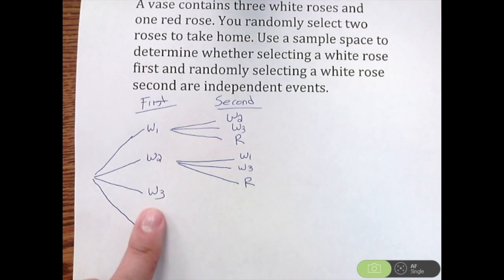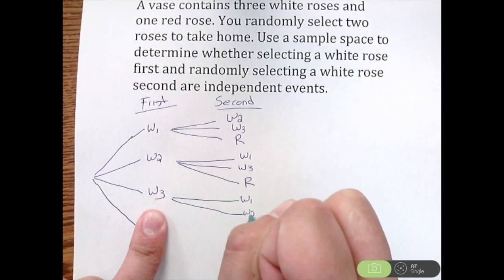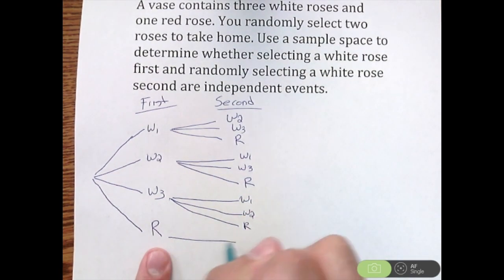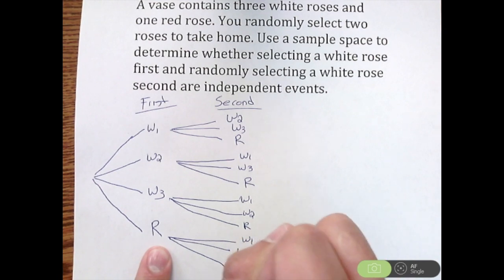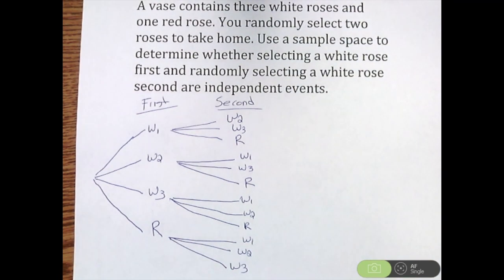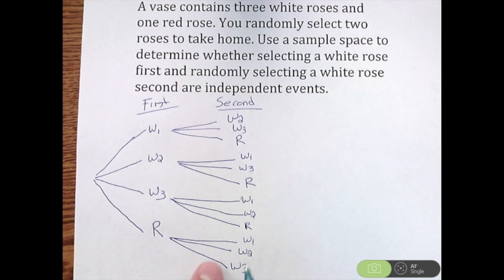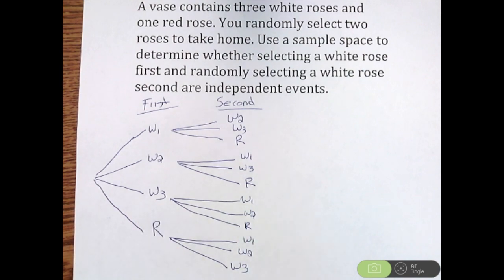Then we have W3, so I can do white 1, white 2, and R. If I had the red rose first, my options are W1, W2, W3. If I picked white rose 3, then I only have 1 and 2 and R available. So you can see how that's playing out.